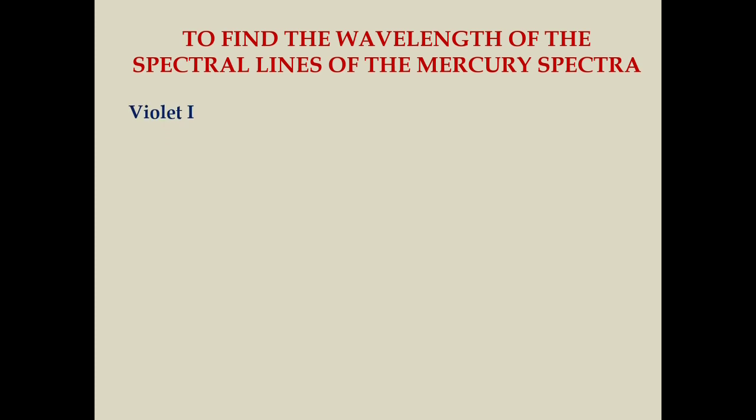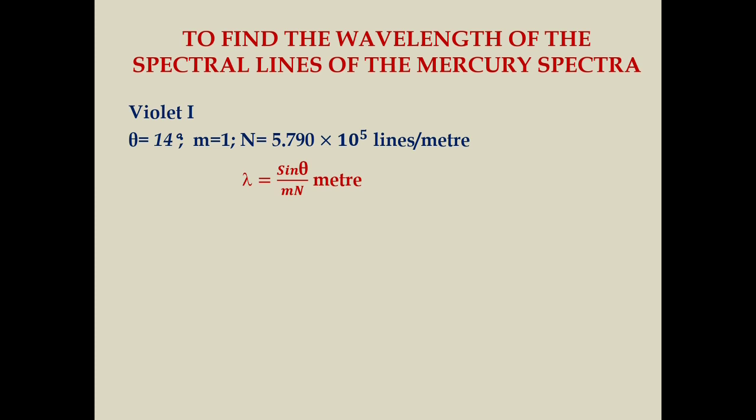We all know the mercury spectra is white in color. When you send this mercury spectra through a grating, you will have different colors ranging from violet to red. So first let us calculate the wavelength for the violet one. The angle of diffraction for the violet one is 14 degree, and m we know is 1.